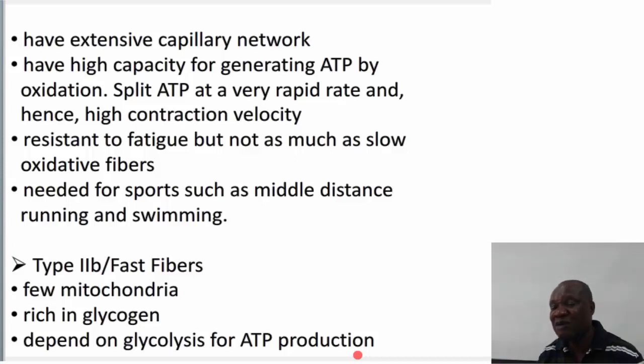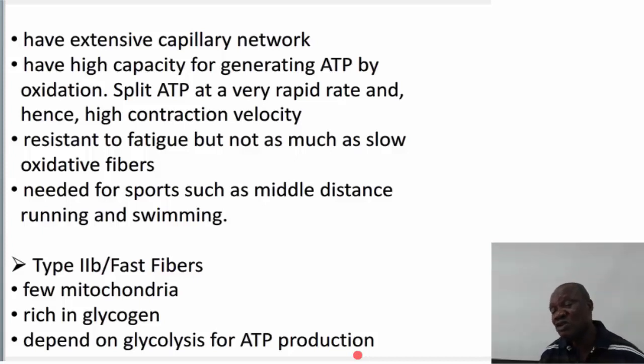Then we have the type 2B or fast fibers. These have few mitochondria compared to the type 2A and type 1 fibers because they do not use oxidative phosphorylation as their source of energy.